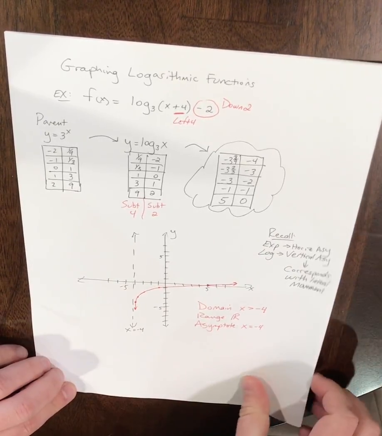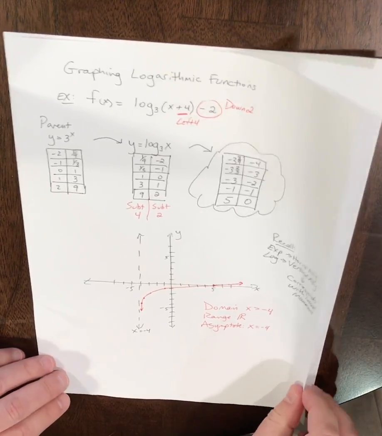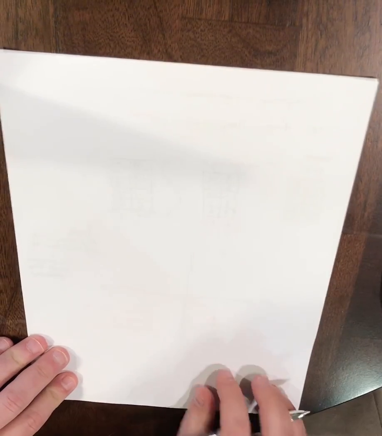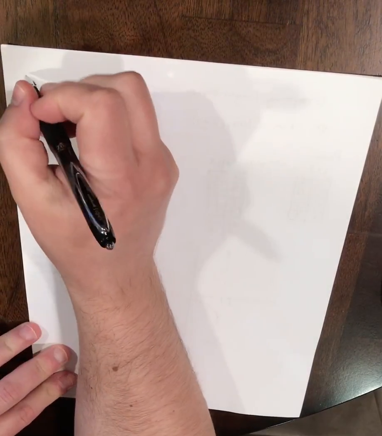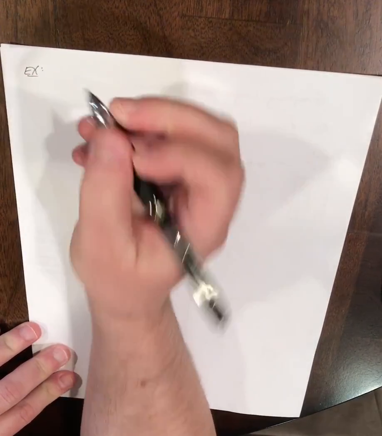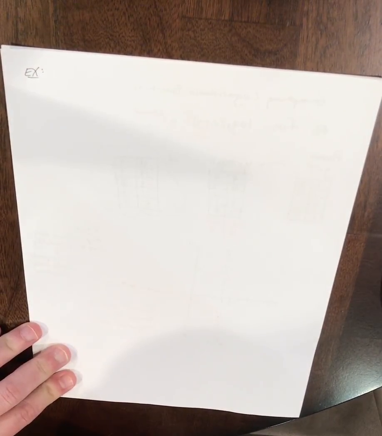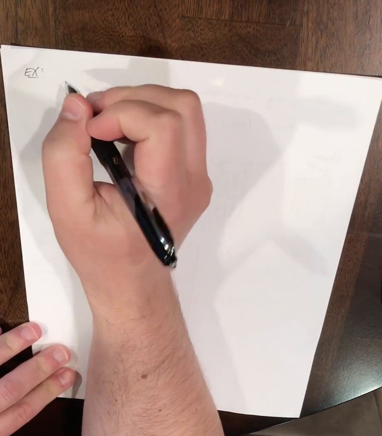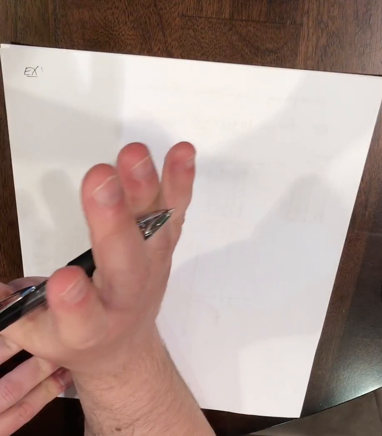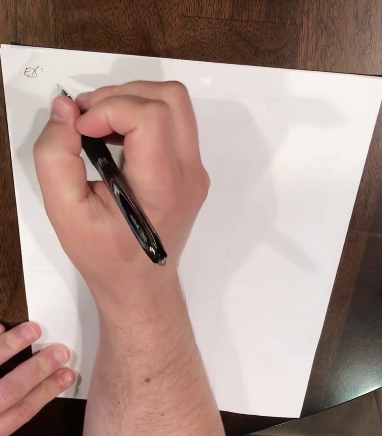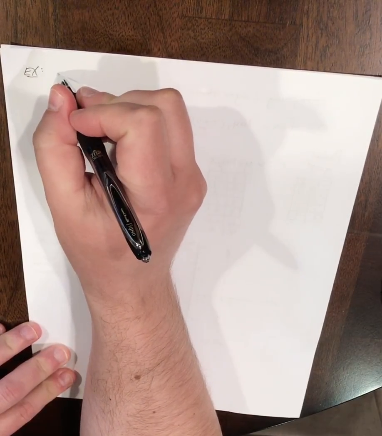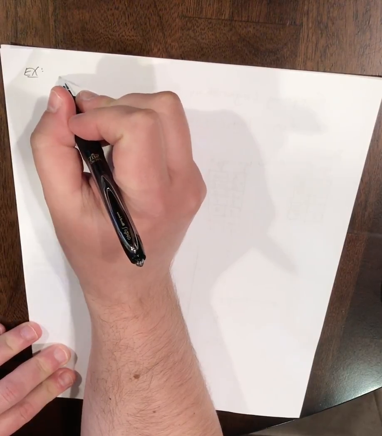So let's do another one. Now, for this one, I'm going to put in a compression. If you remember back when we did the exponentials, where we had numbers out in front of the exponential, that created reflections, or just compressions in general.